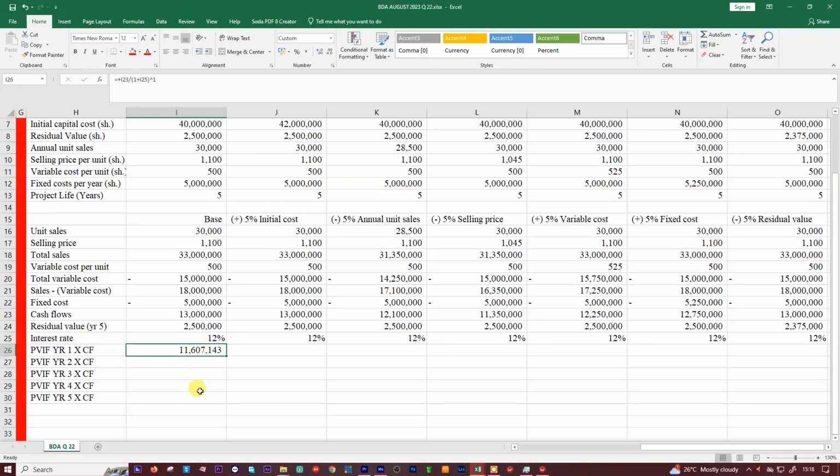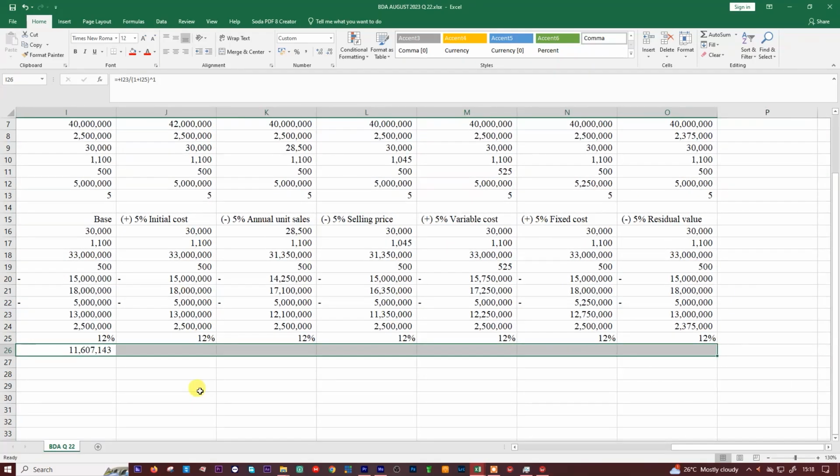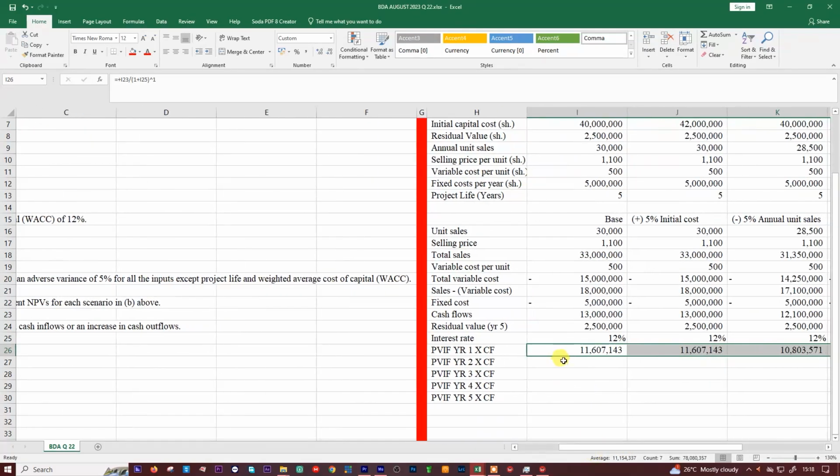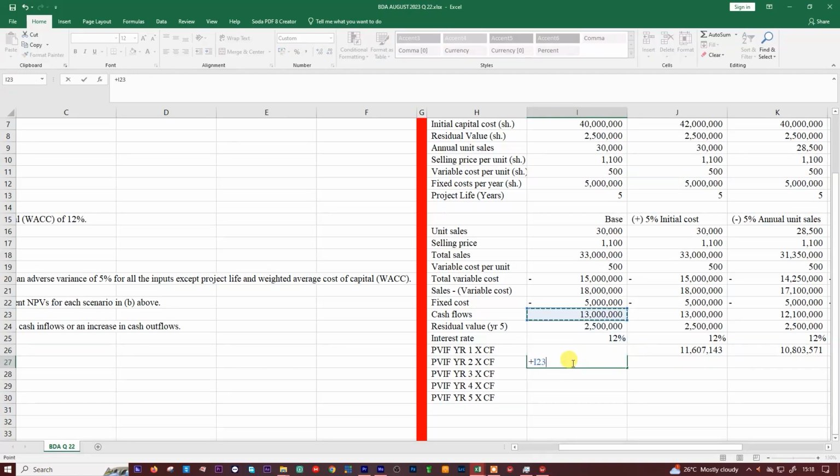So once we have that, we shift Control R. That is year 1. Notice what I've done over here. You can see even the formula, it's power 1. So here I'll do power 2, power 3, power 4, and so on and so forth like that. So because I want the cash flow, it's going to be plus that value over 1 plus that one, power 2, that.